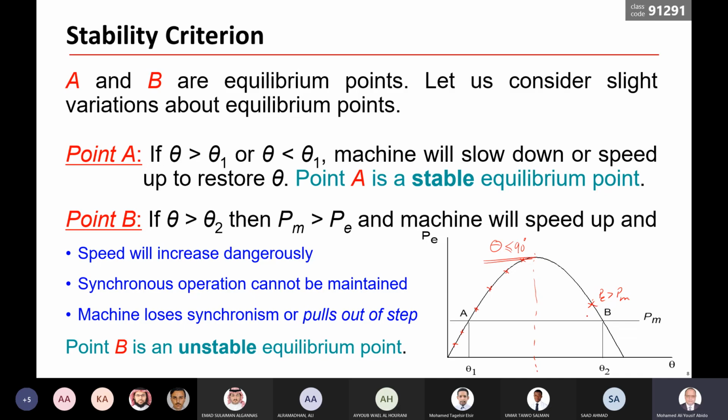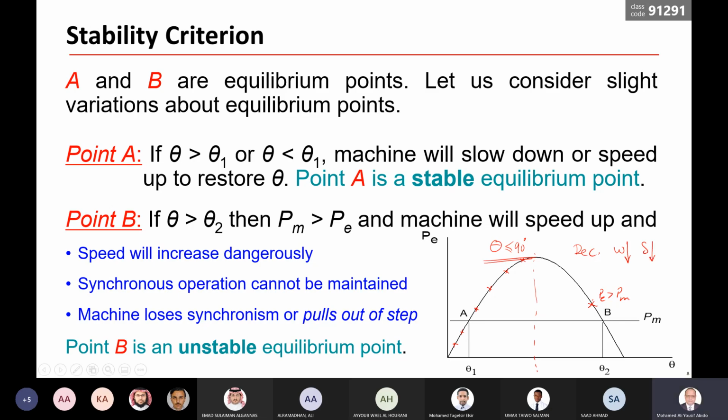But definitely, it will not reduce all the way here. P electrical here is greater than P mechanical, so we have deceleration. This deceleration means the speed will be what? Lower, and the angle will be lower.